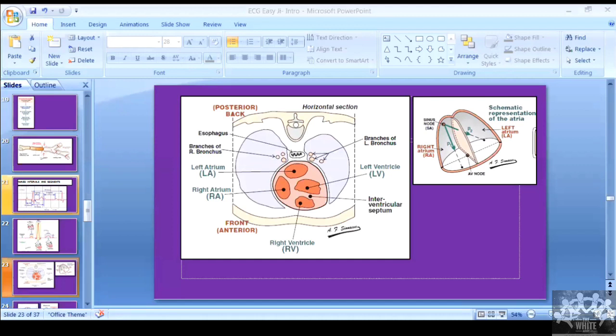There are many causes for elevation of the J point. The most life-threatening one we all know is myocardial infarction, especially ST elevation myocardial infarction, which has an elevation in the J point. That is one thing you have to look at. We'll see all that. Yes, someone has said current of injury. Agreed.